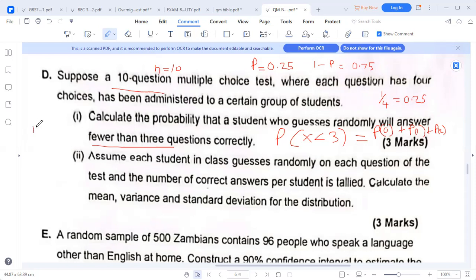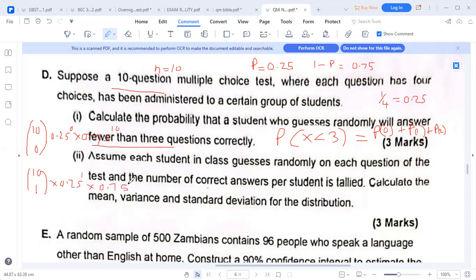The probability of 0 is 10 combination 0. The p here is 0.25 and the q here is 0.75. So the 0 comes here and the 10 comes there. Then the probability of 1: 10 combination 1. Do the same thing, 0.25 here and 0.75 here.